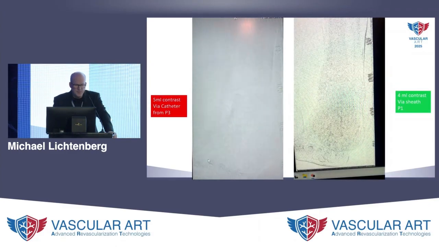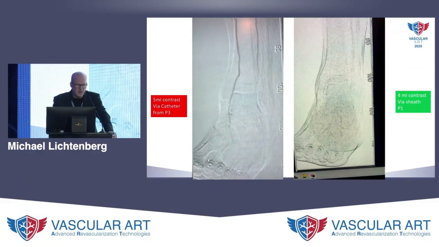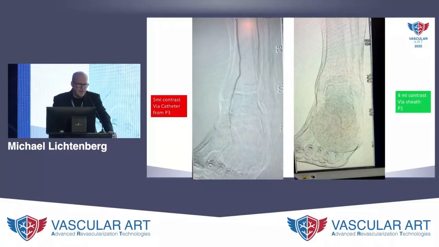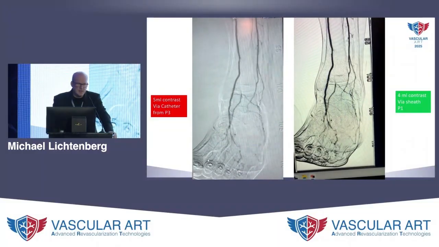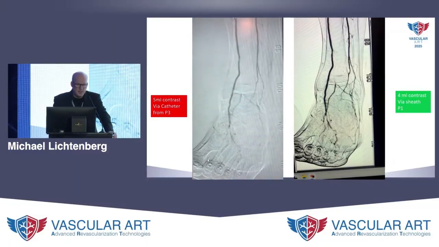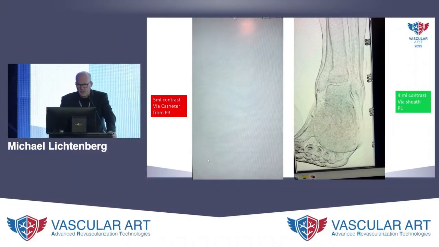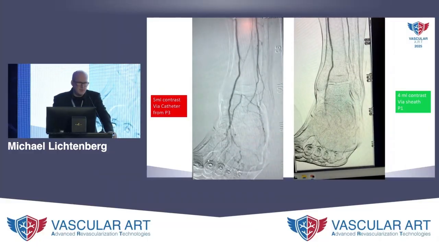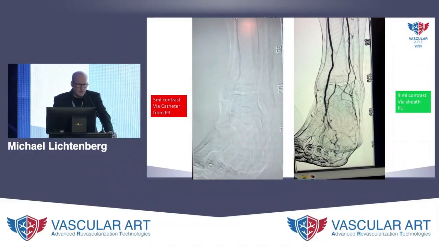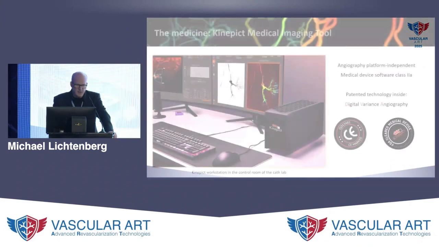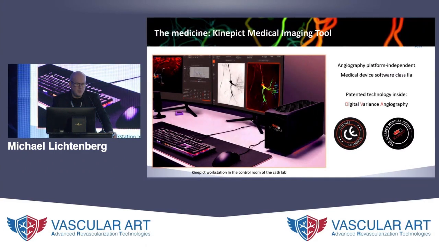On the left side you see a 5 milliliter contrast injection via P3 selective injection. And on the right side, you see the new technology called Kinepic, the DVA technology, which is a 4 milliliter contrast injection via sheath from P3. And you see the difference between DVA on the right side and DSA on the left side. So what is DVA? This is a company from Hungary.